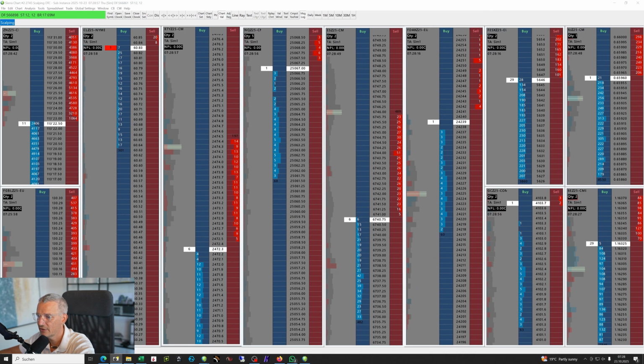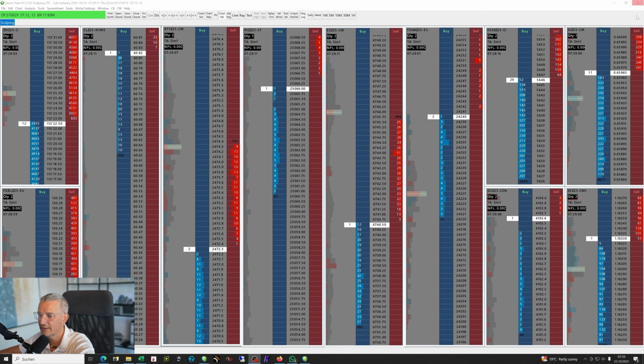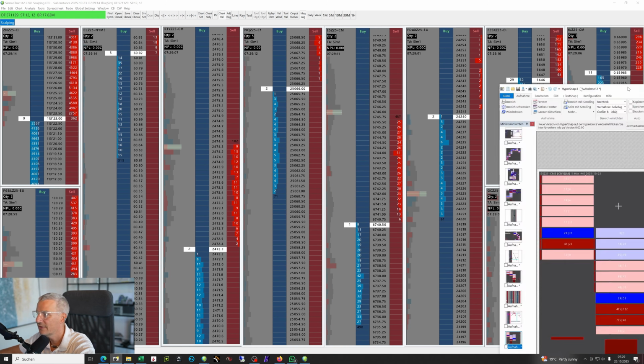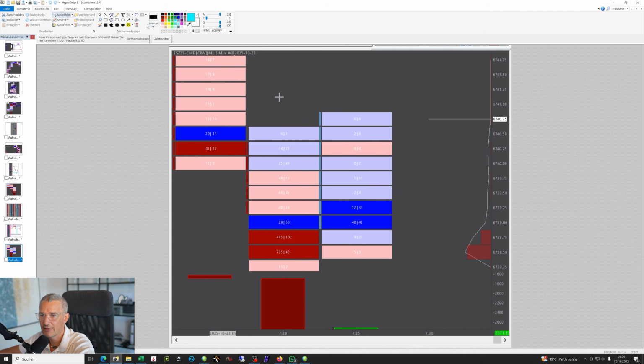And if we now take a look at what information the market has just given us here, you can clearly see that it just moved down here. And what did it do then? Let's take another look at that in the footprint chart. And then you'll really see that this is a tremendous edge I'm sharing with you right now. The market moved down here again. It checked if there was still liquidity there.